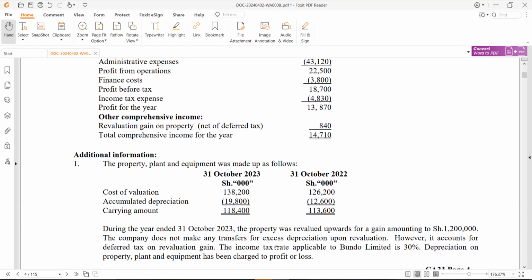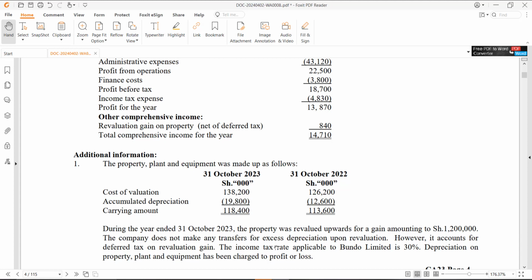During the year ended 31st October 2023, the property was revalued upwards for a gain amounting to 1.2 million. The company did not make any transfers for excess depreciation upon revaluation. However, it accounts for deferred tax on revaluation gain, and the income tax rate applicable to Bundo Limited is 30%.